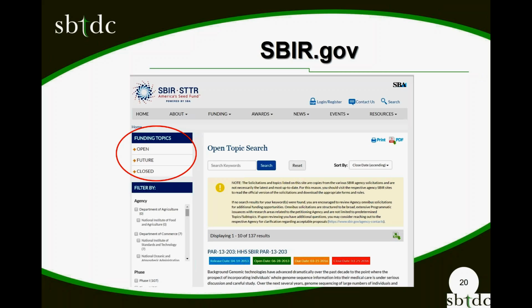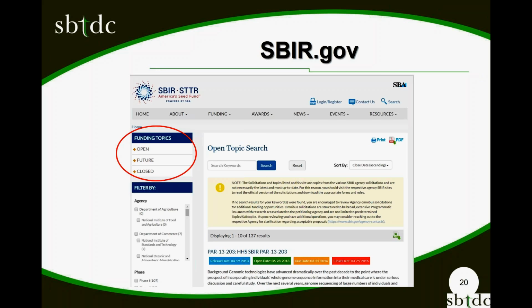Here you can search for closed solicitations. So in that red circled area, you click on the closed link and search by keyword the area of interest that you have, aircraft coating, radar deflecting technologies, etc. And that will draw up all of the areas of interest that the DoD has had over the last 10 years or so. Okay. So there you can see what they have had an interest in funding over the recent past.